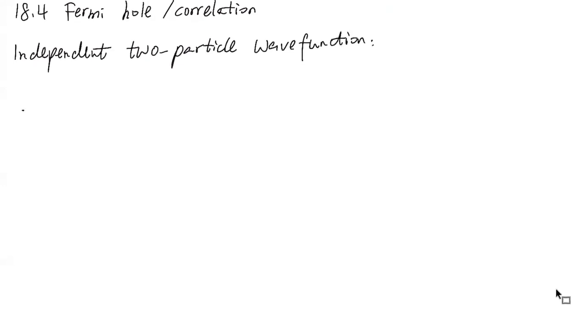Suppose you have an electron occupying the phi A orbital, another electron occupying the phi B orbital. By the way, phi A and phi B, of course, can be two different spatial orbitals.